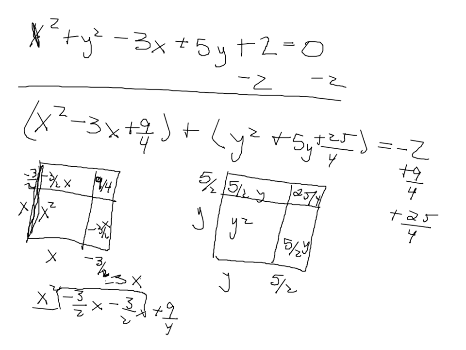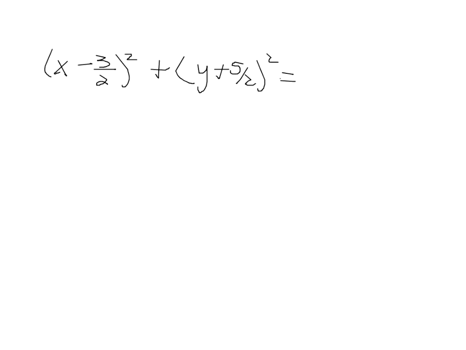And now let's combine these. That's going to give me 34 over 4 minus 8 over 4, so that would be 26 over 4. So my right-hand side is 26 over 4, which reduces to 13 over 2.